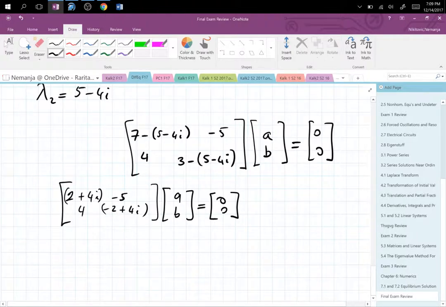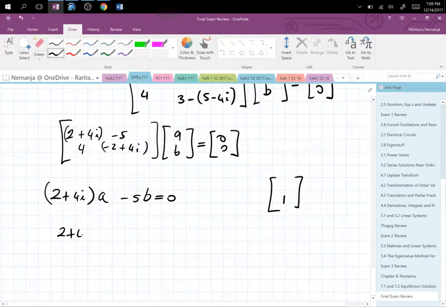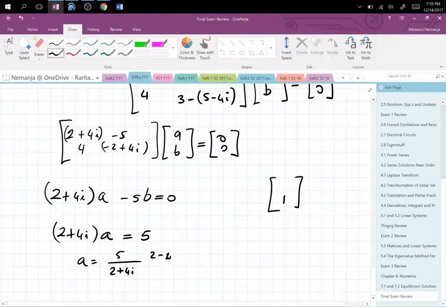And now it's 2 plus 4i times a minus 5b equal to 0. Let b be 1. So 2 plus 4i times a is equal to 5. So a is 5 over 2 plus 4i, times 2 minus 4i over 2 minus 4i.